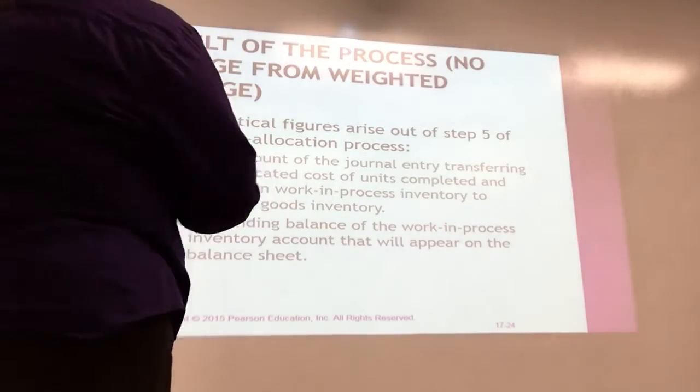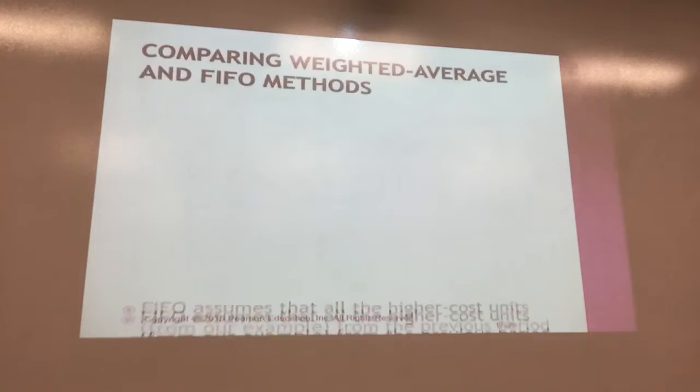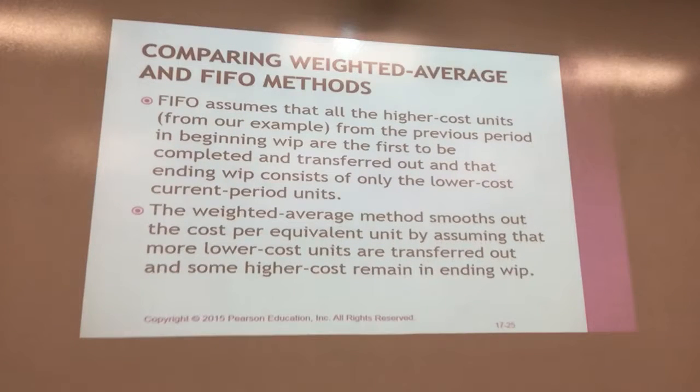All right, so again, as we said, the two numbers that we get out of all this are the ending work in process inventory and the finished goods inventory. So now comparing the two methods, weighted average and FIFO.